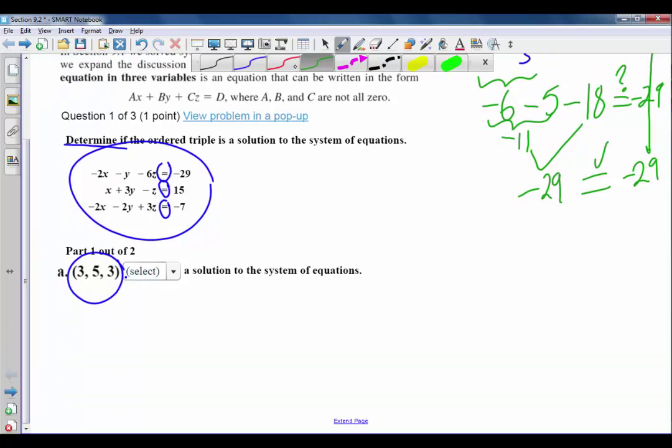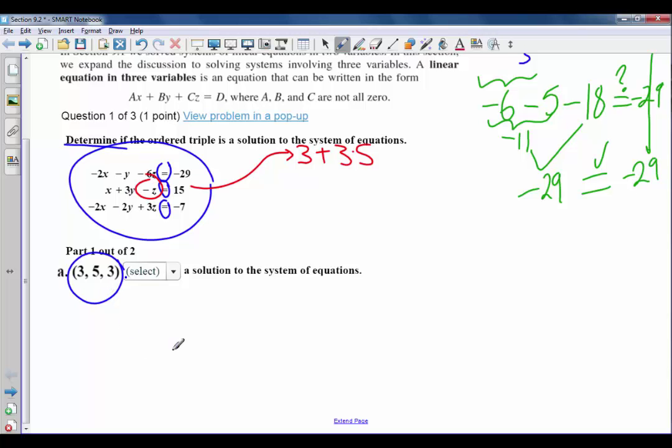So how do I check the second equation? I will just do it here. Every time I see x, I put 3. And then I see 3y, I put 3 times what? 5. And then I see minus z, and I will take the negative of that number. Question mark, is this really 15? Let's see.